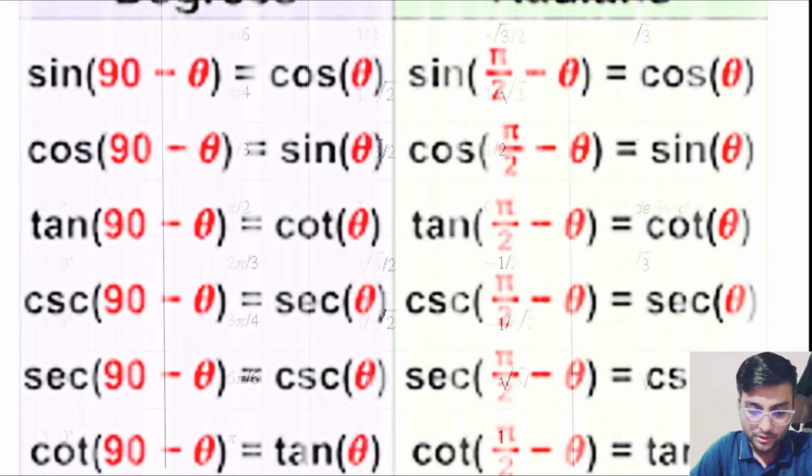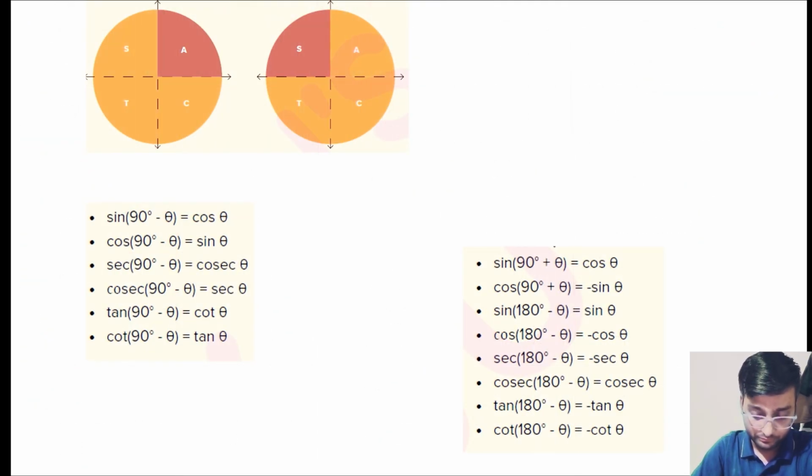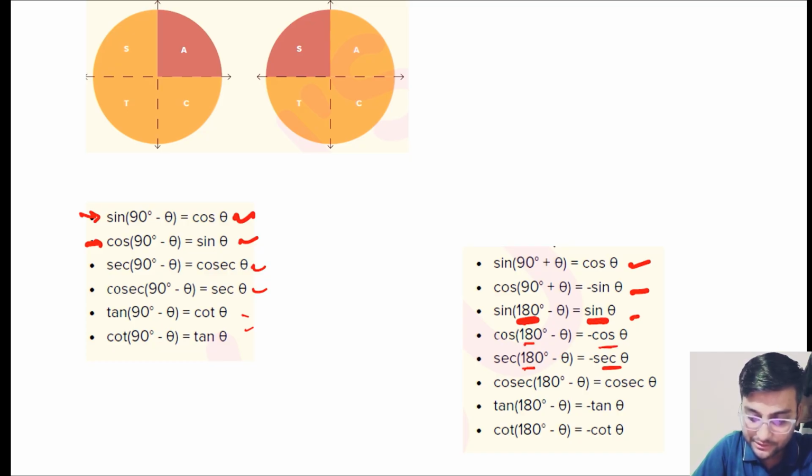Now, whenever I am discussing the next point, this is also a very important point. When I am talking about sin of 90 minus theta, it becomes cos theta, cos of 90 minus theta becomes sin theta, and cosec theta, and this value is important. Here, when you add, this changes. Whenever it is sin of 180 minus theta, the value is the same. See this, 180 minus theta is minus cos theta, 180 minus theta is minus sec theta. Why?